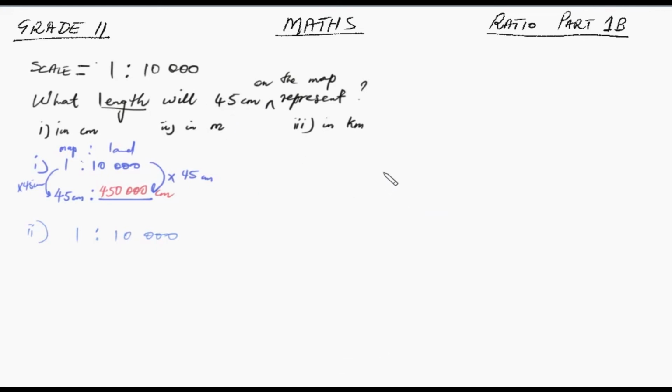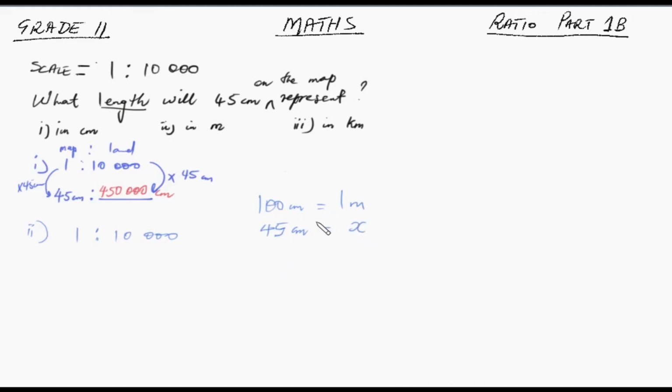Let's do that. We know that 100 centimeters equals 1 meter. So 45 centimeters will be equal to how many meters?